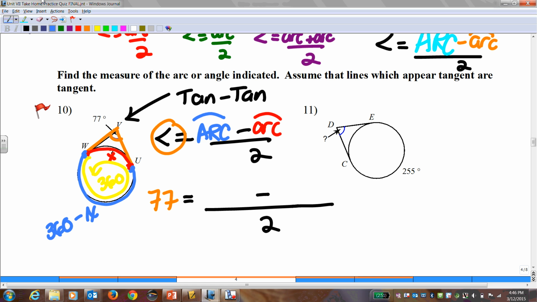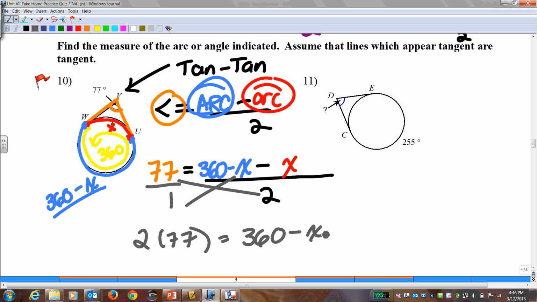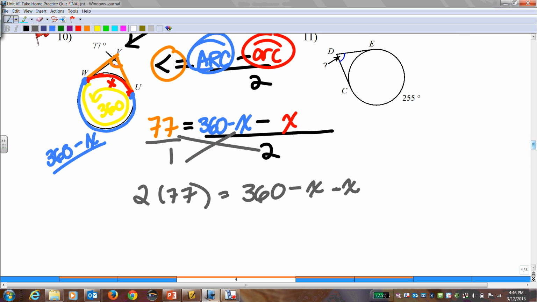Okay, now we're going to circle plug chug. So we have here our angle, and then we have the big arc we've defined as 360 minus X, minus the small arc, which is just X, over 2. And cross multiply. We have 2 times 77 equals 360 minus X minus X. You're going to collect like terms.